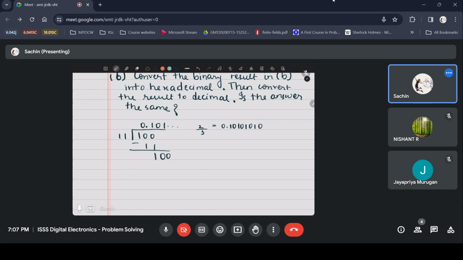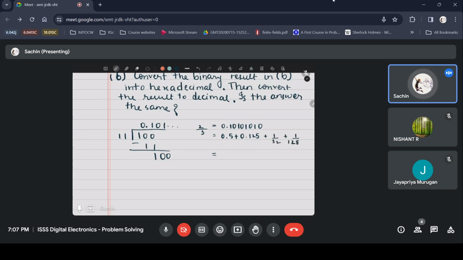So 2/3 is nothing but 0.10101010, which will turn out to be half, 0.5, plus 1/8, 0.125, plus 1 over 32 plus 1 over 128.